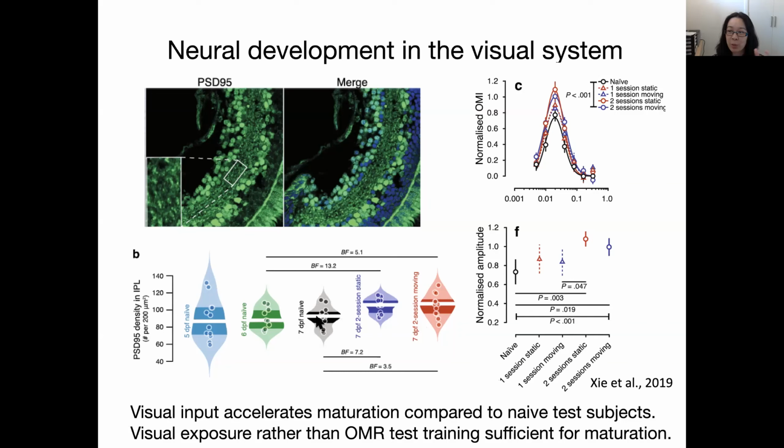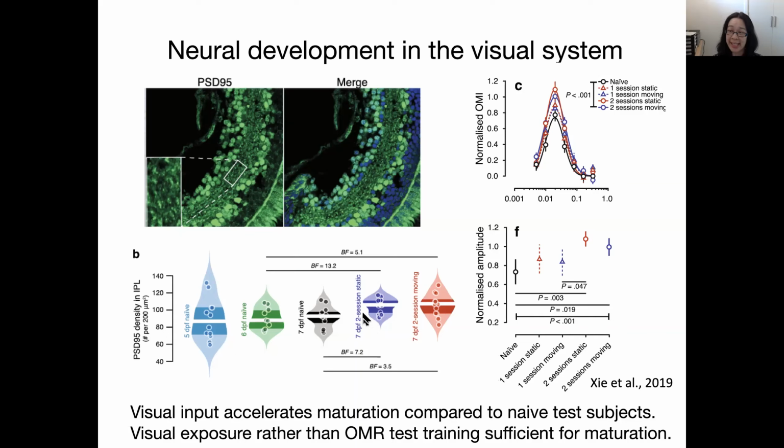Now, to distinguish whether that's a learning experience of being in the arena and swimming with the stimulus, we also had a cohort that just looked at static non-moving images on days 5 and 6 for the same 2 hours. And we found that both of these showed the same improvement. So we know anatomically that there's refinement if they've had visual experience rather than being just in a dark incubator.